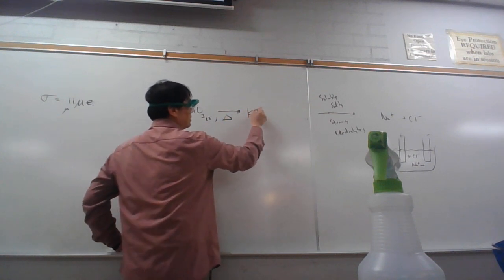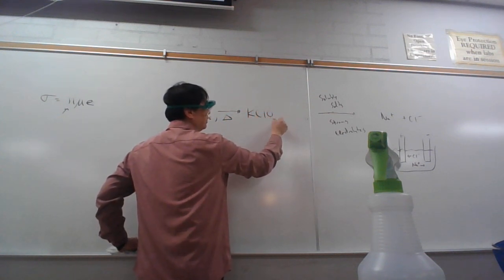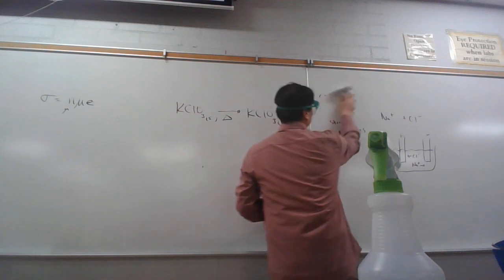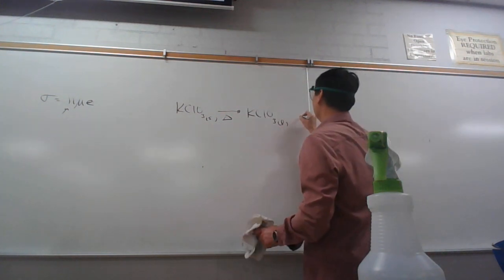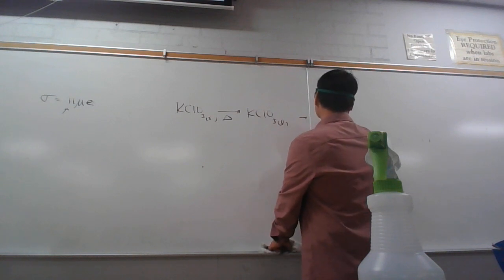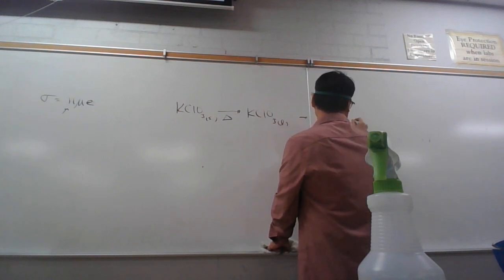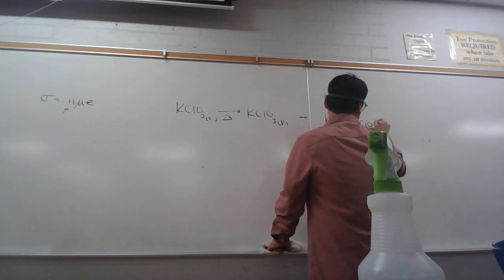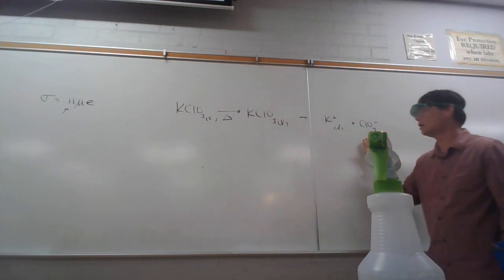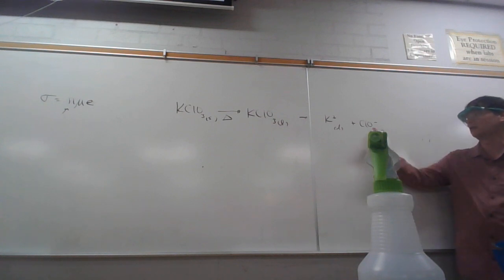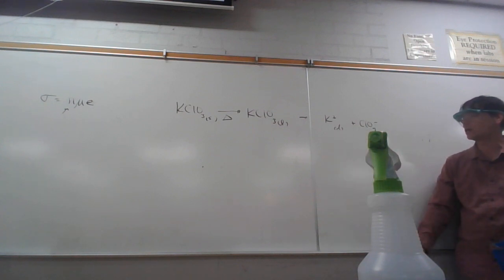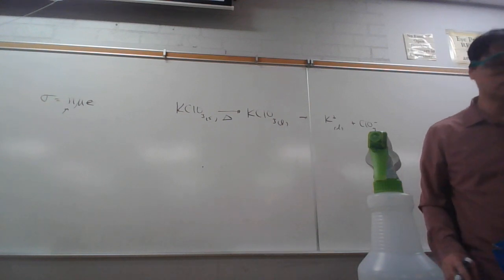And then what we get is KClO3 liquid. So it didn't change at all, just states. It did, but what we can do is write this as molten potassium ions and molten chlorate ions. These are now free. They're not bonded together. They're still stuck together because of the electrical attractions, but they have what we call translational mobility, translational motion.